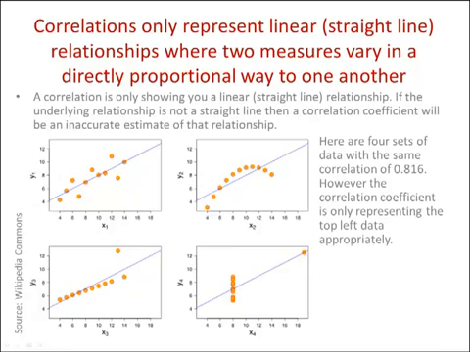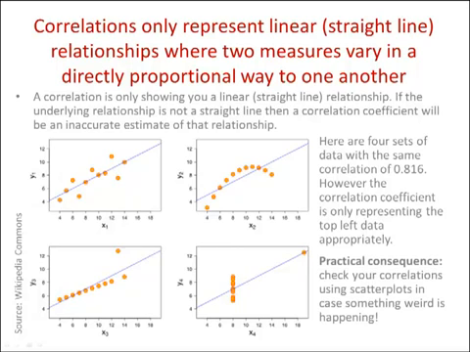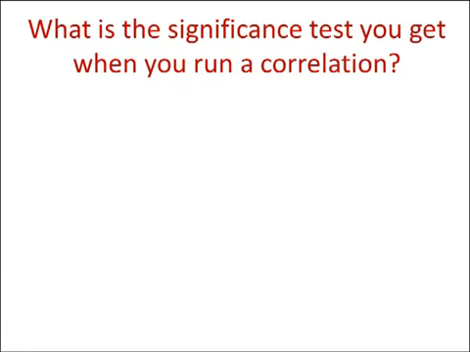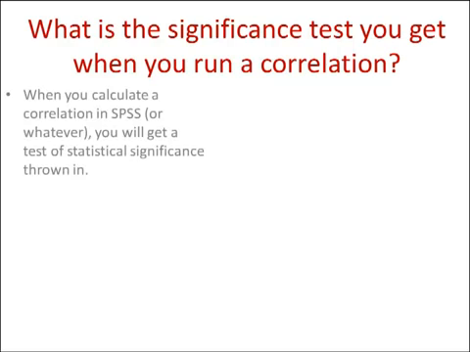So the take-home message here is that if you're looking at correlations like this, then sometimes it is quite useful just to have a quick glance at the scatter plot, just to check that there's nothing weird going on. Another key issue: when you run a correlation in SPSS or anything similar, you tend to get a significance test thrown in with it.